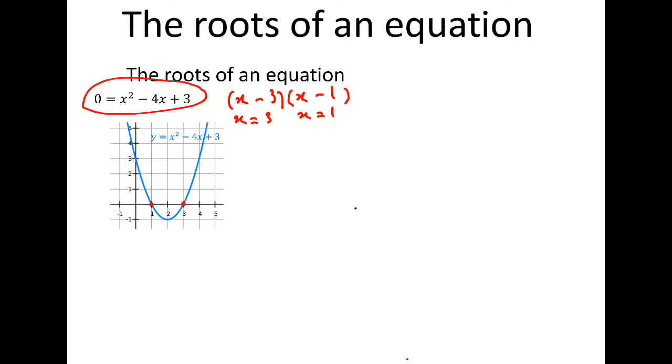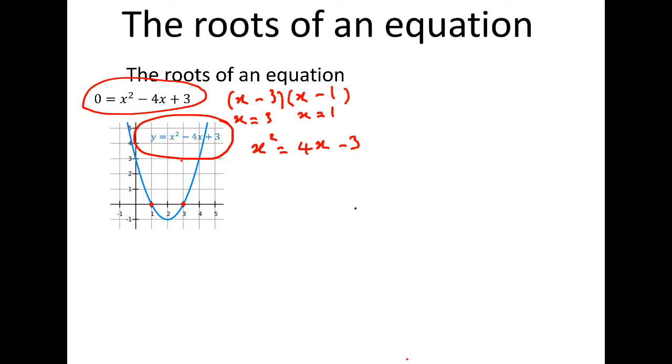But in many cases, we are not able to factorize the equation and find the roots. So we have to go through the graphical method of finding the roots. And the way to do that is to take this equation here, and rearrange it, make it x squared equal to 4x minus 3.